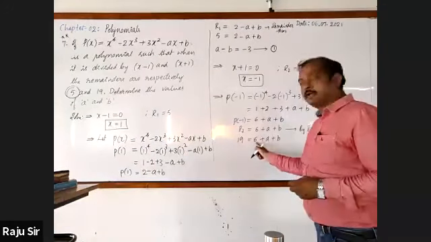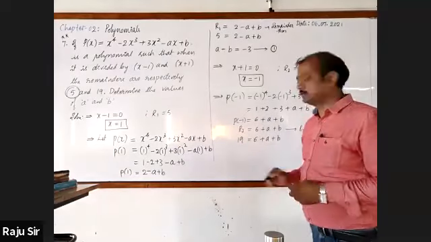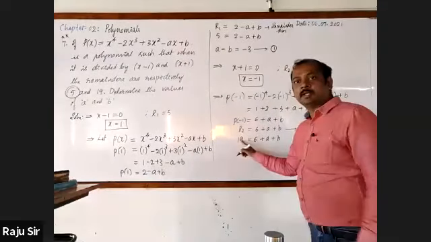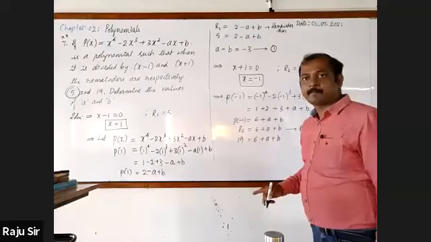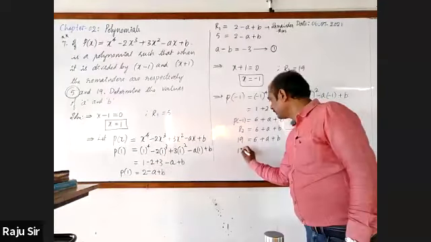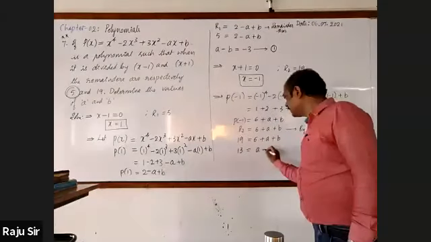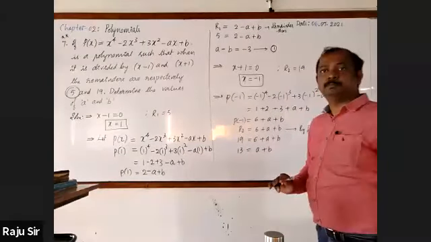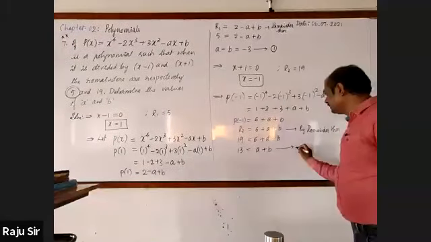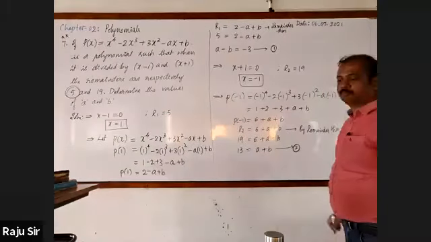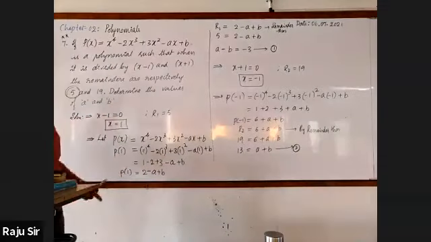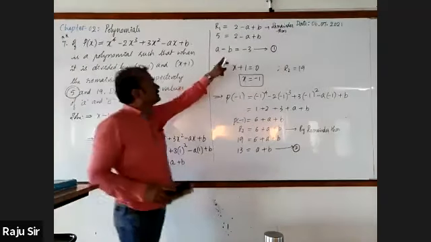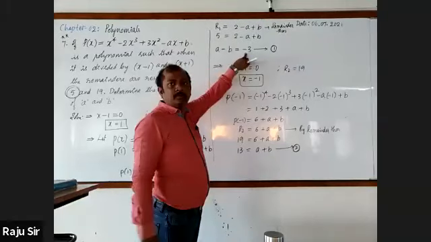Let me transfer to the left hand side. It becomes minus 6: 19 minus 6 is 13, which is equal to a plus b. I call it equation 2. We got two equations. The first equation is a minus b equal to minus 3.